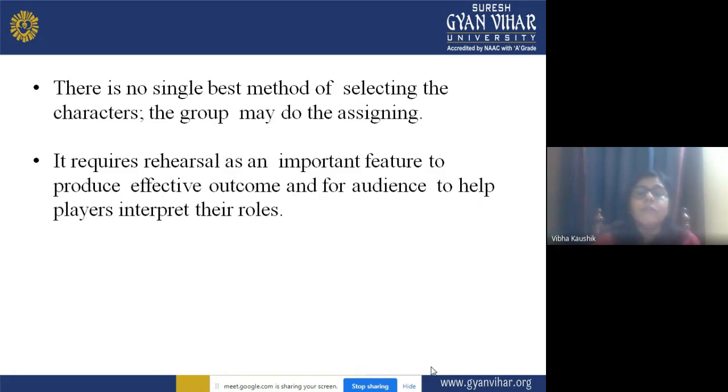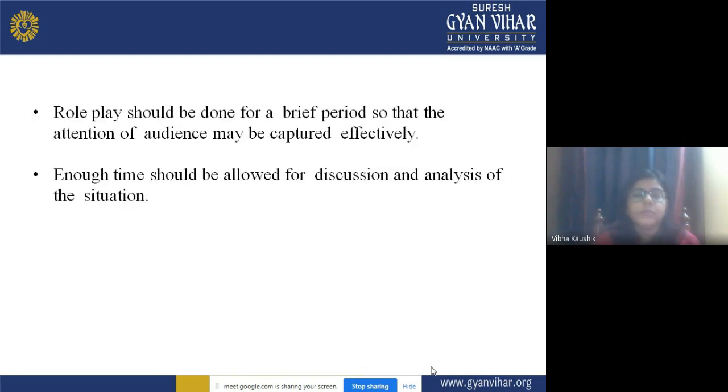When you are going to play a role play, you have to do some rehearsals as an important feature to produce an effective outcome. When you rehearse, only then will it produce an effective outcome on the audience, and the audience will help players interpret their roles.